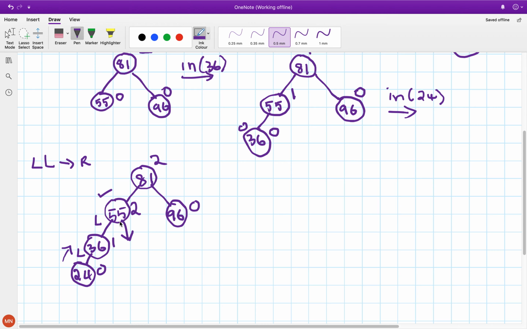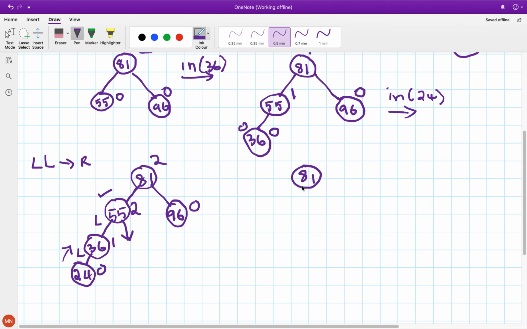So if you rotate 55 to the right, the link that is coming to 55 will now be connected to 36. That is the important point that we need to keep in mind. Then this 55 will become the right child of 36. So I am writing it here. So I have the number 81 as the root as before.